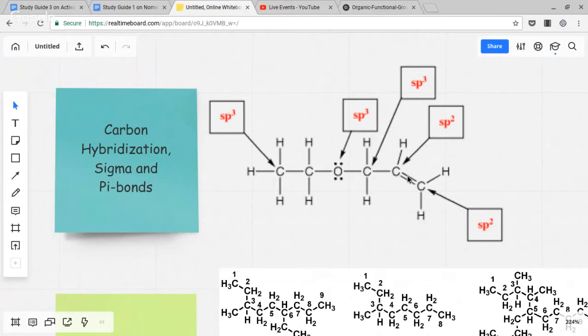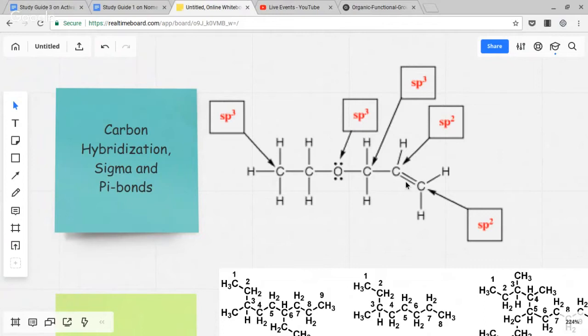If it's 3 times, you only need 1 for S and 2 for P. So 1 for S and 2 for P, 3 in total. And so you get an sp2 type of hybridization. Which is the same case with this carbon here, which is also sp2, because you have also 3 bonds. One of that is a double bond. So you see in this example, you only have sp3 and sp2 types of hybridization.